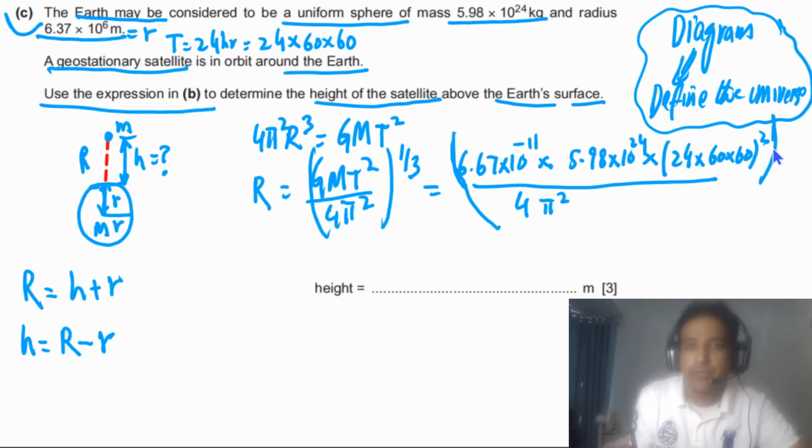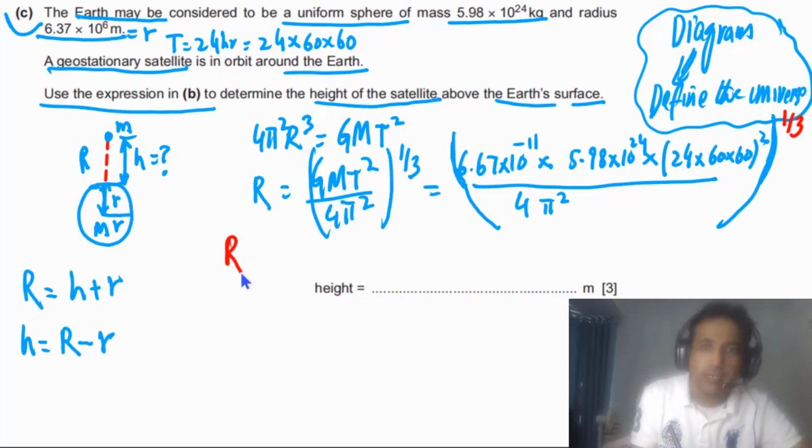First of all, you have to write down this, and then you have to take the cube root, meaning 1 over 3. If we solve this, we will get R, which is equal to 4.22 times 10 to 7 meters.